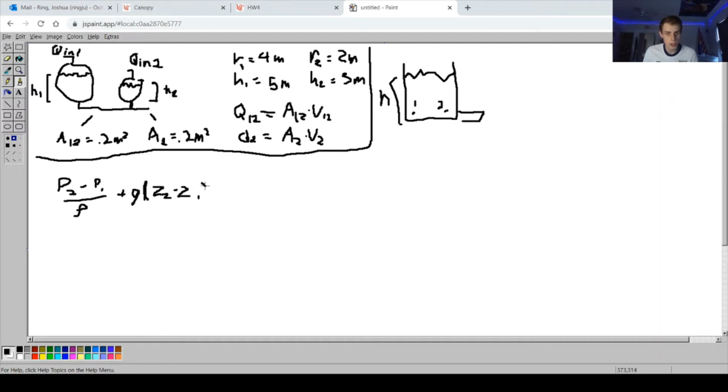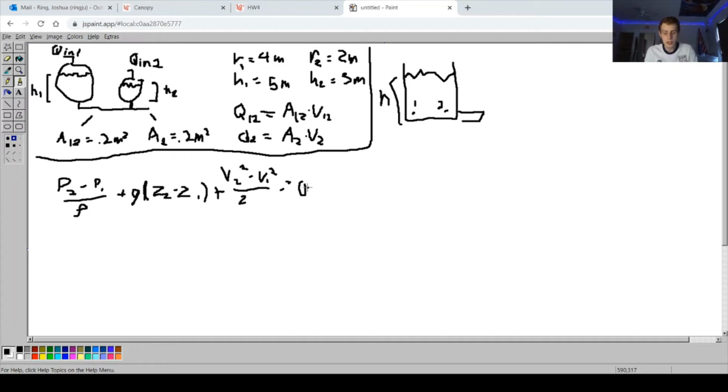These are just our initial states. All right, so then we have plus V2 squared minus V1 squared, and that is going to be over 2, and this will be all equal to 0.